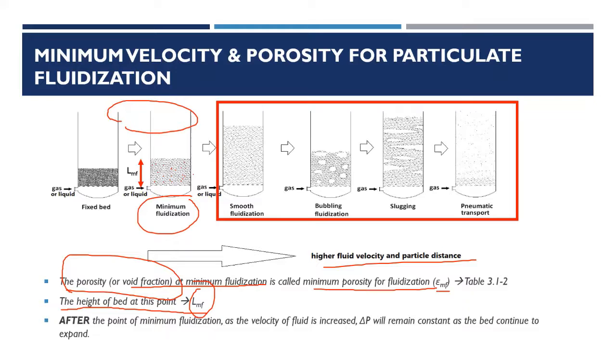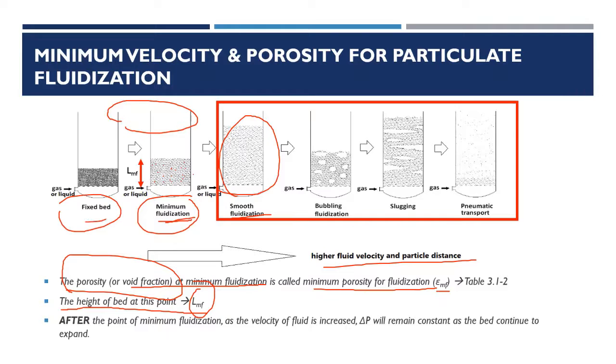From fixed bed to minimum fluidization, there will be a delta P. From minimum fluidization to smooth fluidization, there will also be a delta P. However, when it is fully fluidized, meaning all of the particles have fluidized fully, there is no change in delta P anymore. The delta P is still there, but there is no change in it.